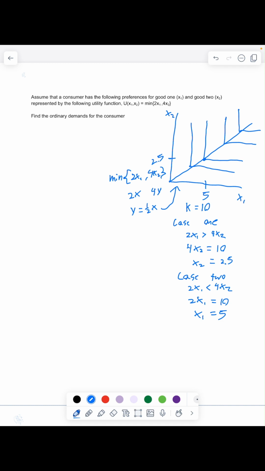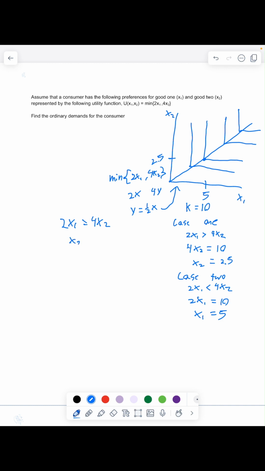So with that being said, we're going to do what we did for the Cobb-Douglas example, where we want things in terms of x2, so that it's easier to simplify. Since we're consuming in a fixed bundle, we're going to assume that these numbers are equal to each other for the first step of the ordinary demands.